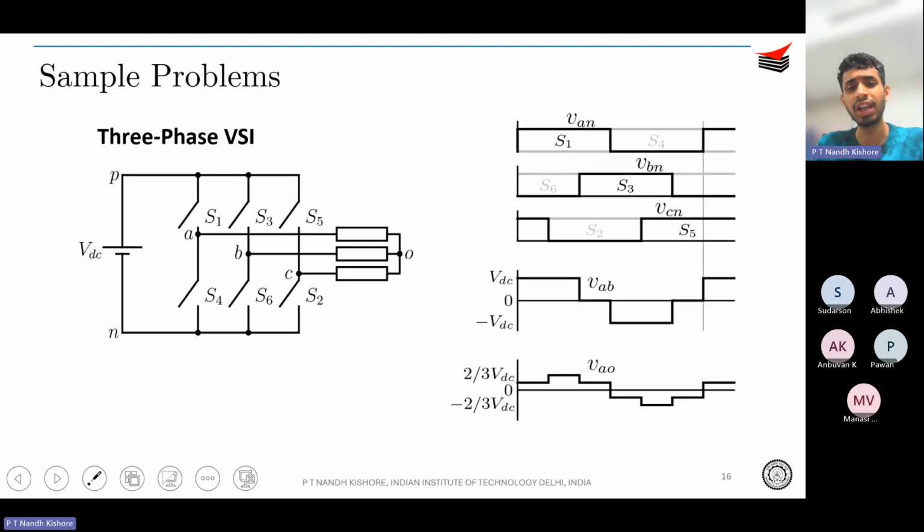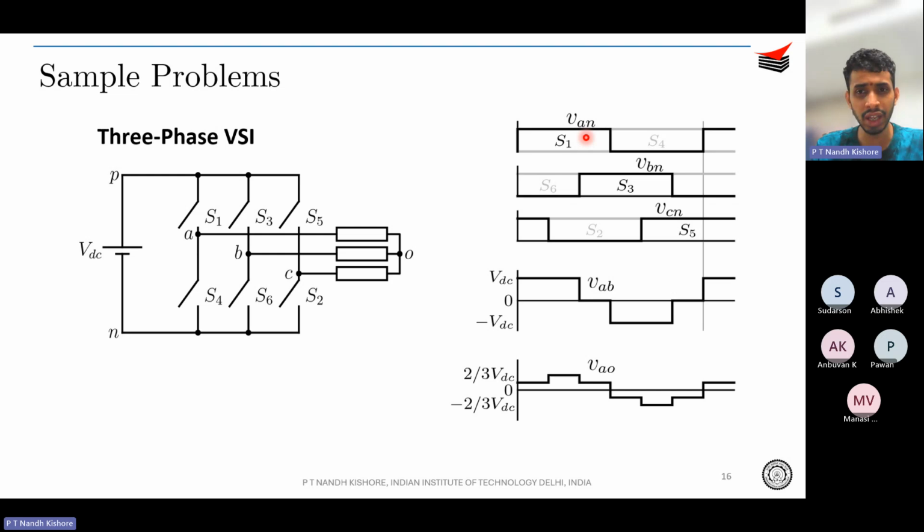Okay, you can see any particular segment. Let's say at this segment, segment number 3, I guess, right? So S1 is on, S3 is on, and S2 will be on. So at any point of time in this 180-degree conduction mode, 3 devices are going to be on, right? In the first, it's going to be S6, S1, and then S5. Then S1, S6, S2. Correct? 60 to 120.